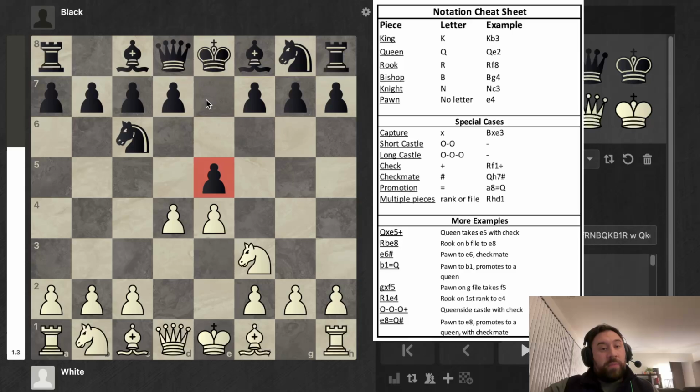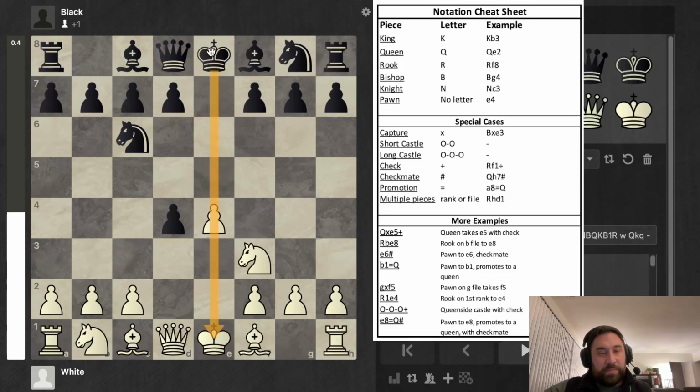So for black, this is black's pawn that is on the E file, right? It's on this row. So we're going to say, in this moment when black goes here, we start by saying E, as in the pawn that was on the E file, takes, so we're going to have an X, EX, and then now we finish with the square that we're on, which is D4.